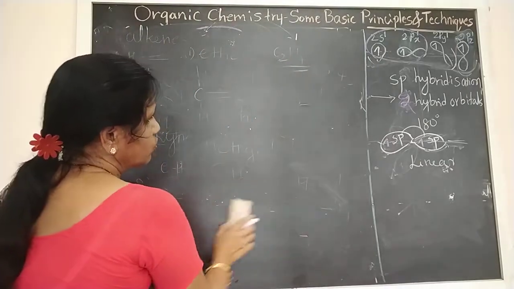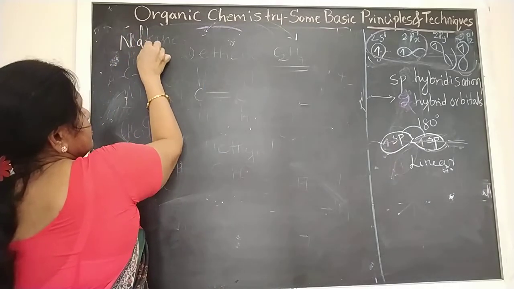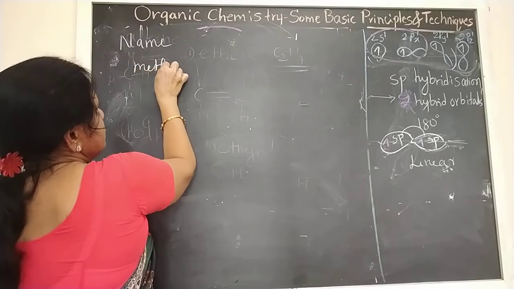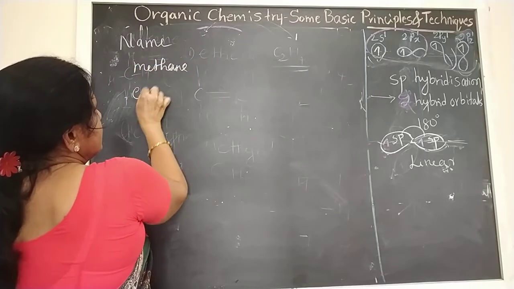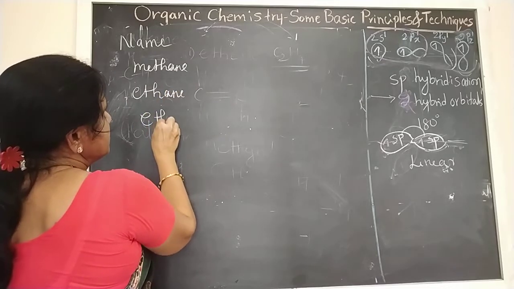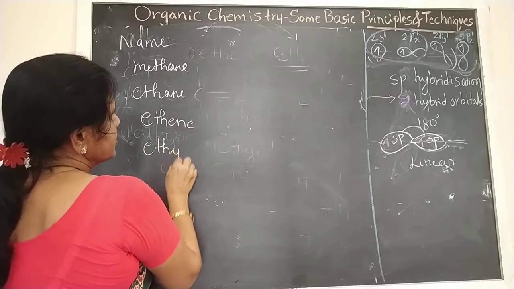This class I will give one homework. You write the names of methane, ethane, only 2 members, then ethene, then ethyne, 4 compounds I am giving here.